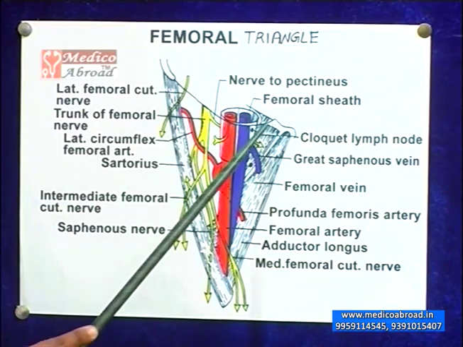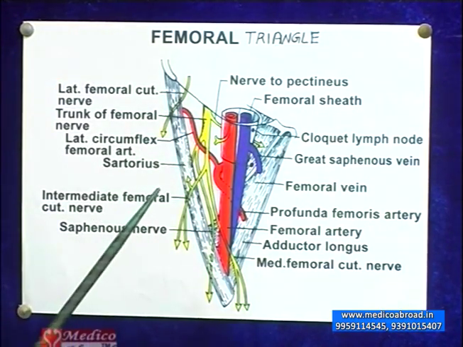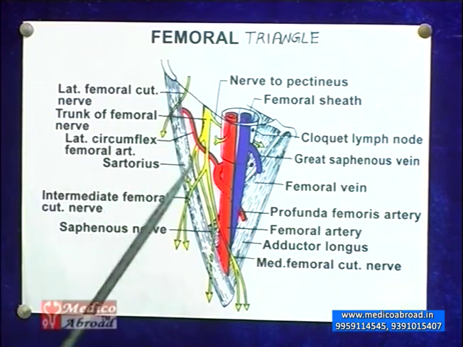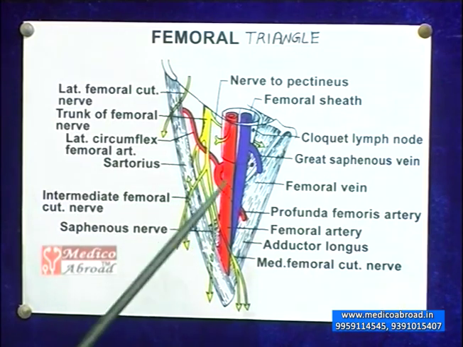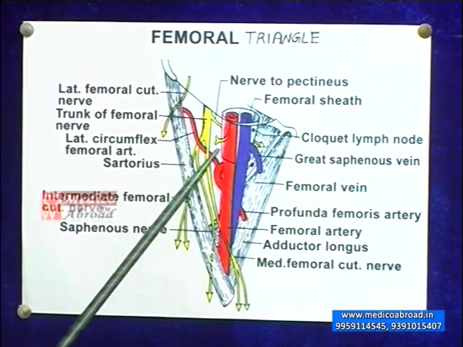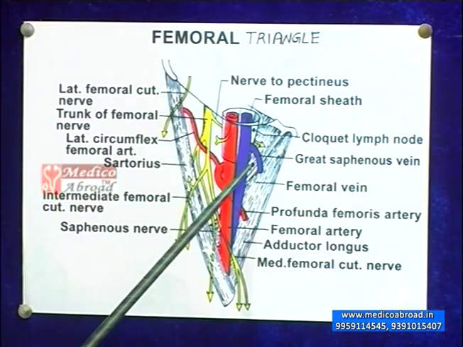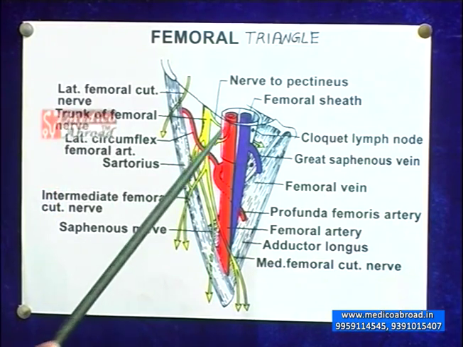The base is formed by the inguinal ligament. The femoral triangle is important because of its contents: the femoral artery, the femoral vein, the femoral nerve, and the femoral sheath, which encompasses the femoral artery and the femoral vein in the upper part of the femoral triangle.